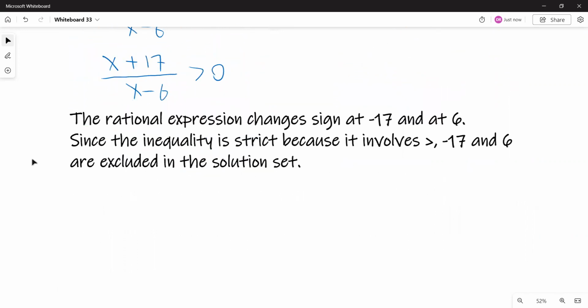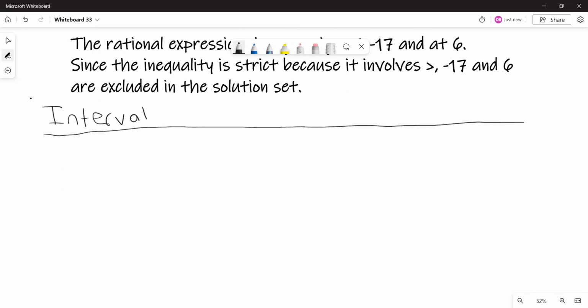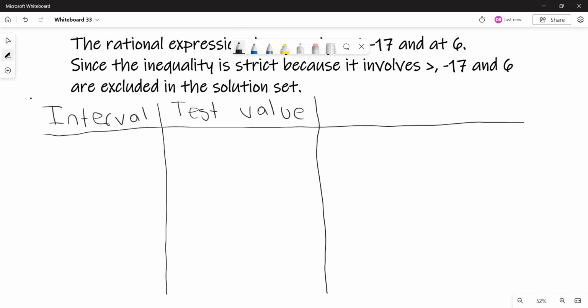Okay, so we had 3 test intervals. We're going to make the table with our interval and a test value, and we will determine whether x minus 1 over x minus 6 greater than 3 is true.